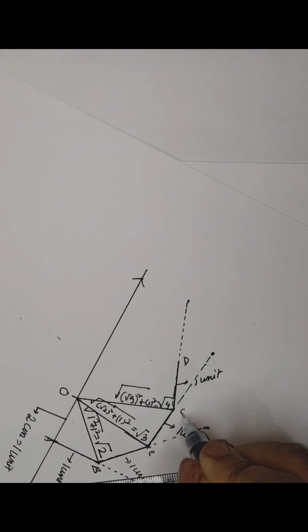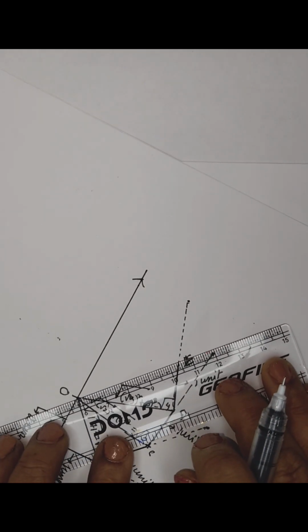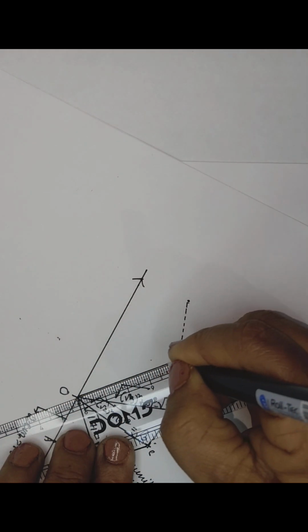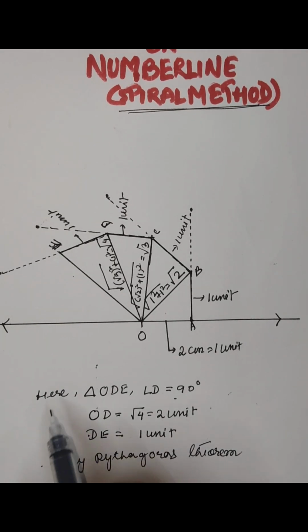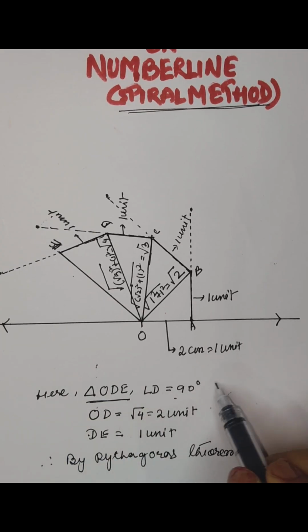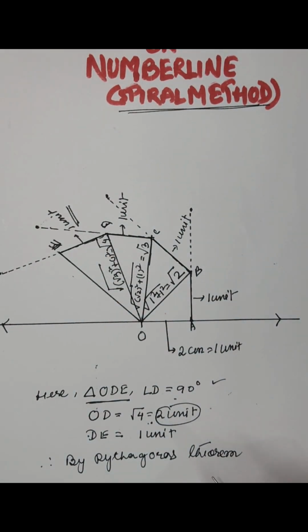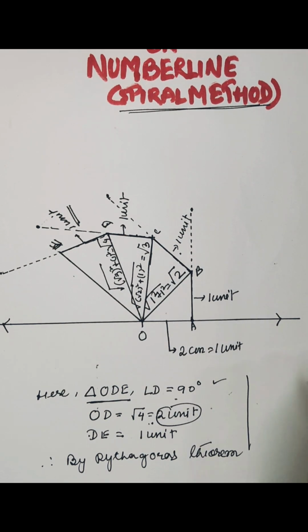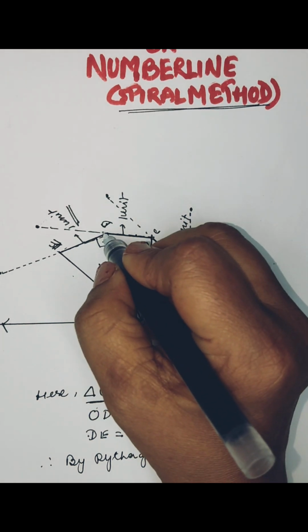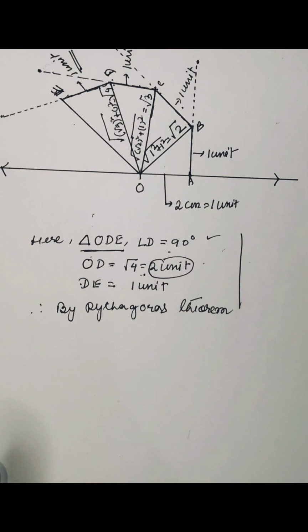Let us join OE. So, finally we get a line OE, and OE is the hypotenuse of the triangle ODE. Let us find out what is the value of OE. We know angle D is 90 degree. OD is root 4, which means 2 units. DE is 1 unit. You can see that step by step we reach up to OE, and for every single perpendicular we take 1 unit only.